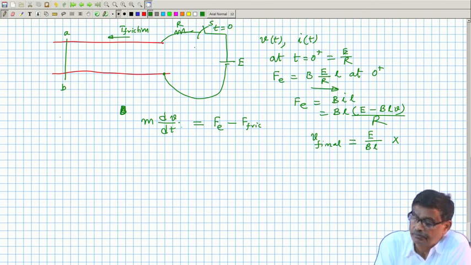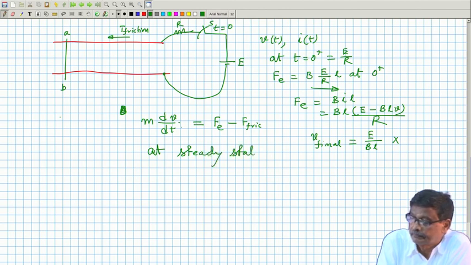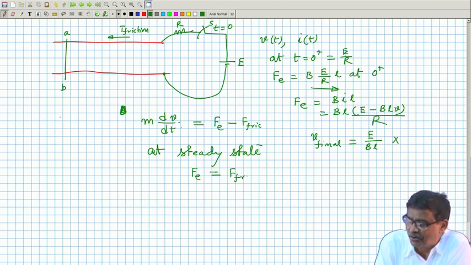Before that we must understand, if the system reaches steady state, at steady state Fe must be equal to F friction. So, for this all these dynamic equations need not be solved. One can once again solve this and you will find that this has to be your F friction.